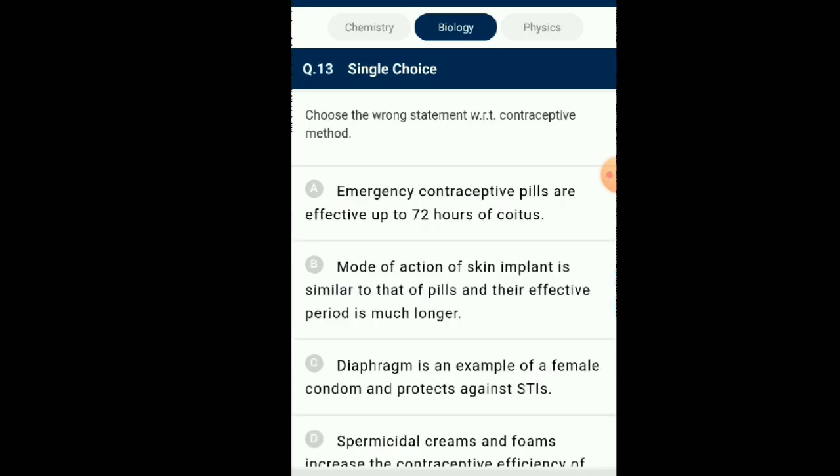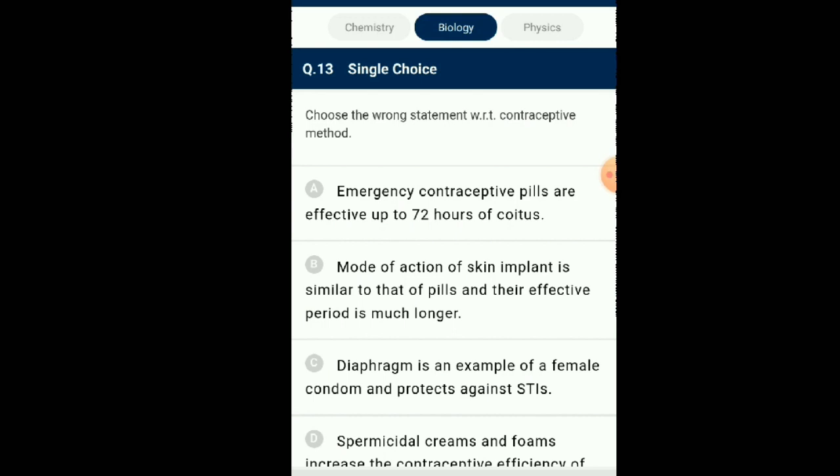Question number 13. Choose the wrong statement about contraceptive methods. Diaphragms are inserted into the female reproductive tract to cover the cervix before intercourse. It prevents sperms from reaching the egg. Spermicidal jellies, creams, and foams are generally used along with these devices to increase their efficiency.